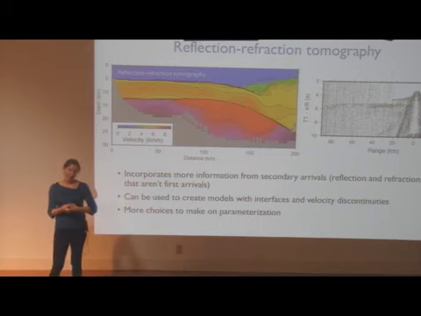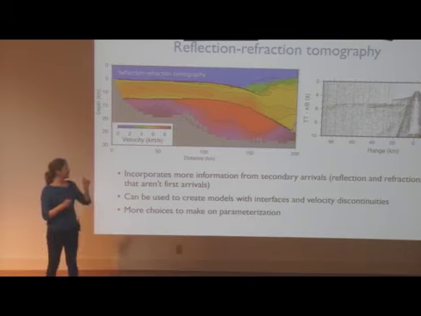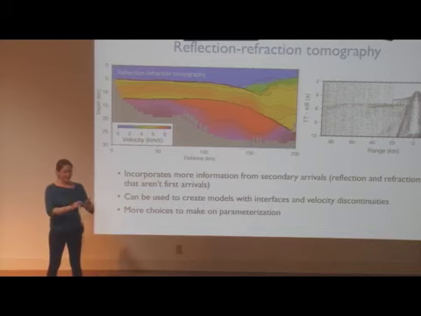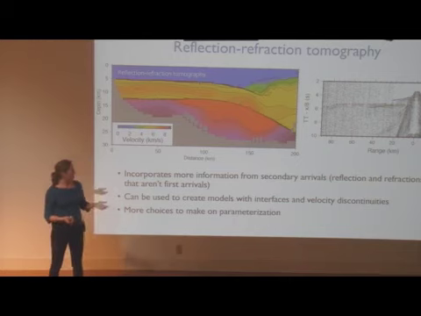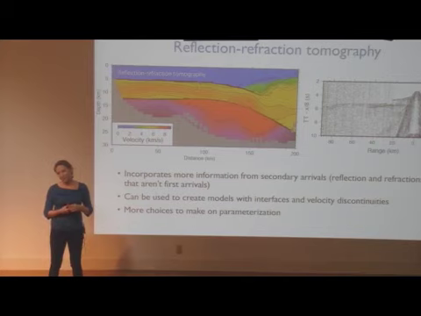And that too can tell you which features of the model are the most robust and which aren't. I'm answering your question in a very long way, but what I would say is, for one, look at where the ray coverage is and what kind of ray coverage it is to understand what parts are constrained, think about the experiment geometry in terms of the scalings of structures that you could have, and then carefully assess some of those other tests.